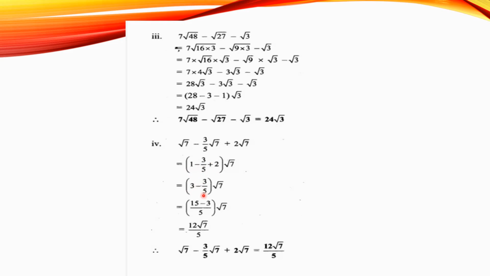So taking LCM and solving, we get 3 multiplied to 5 as 15 minus 3 upon 5, and outside the bracket we have root of 7. So 15 minus 3 is 12 root 7 upon 5. So our answer is 12 root 7 upon 5.